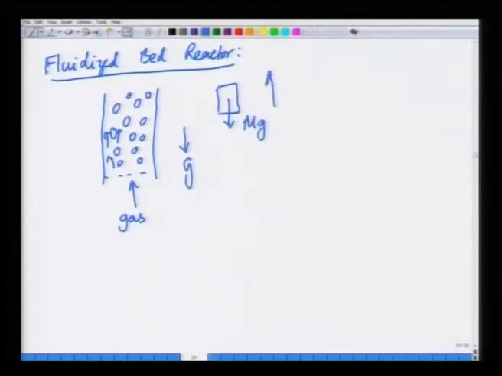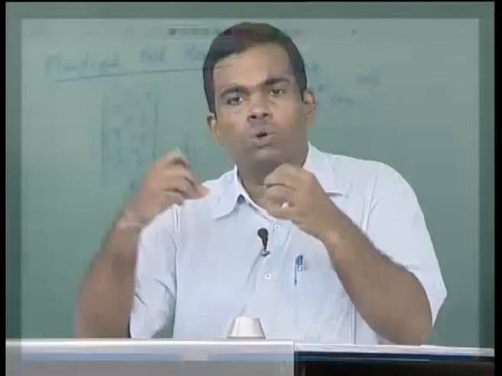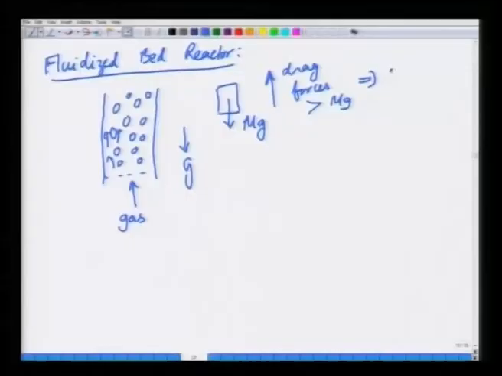But when the drag force, that is the force that the fluid exerts on the solid particles, exceeds mg, then the whole bed is in a state of suspension. The solid particles are no longer in touch with each other. So, we say that the bed is fluidized.